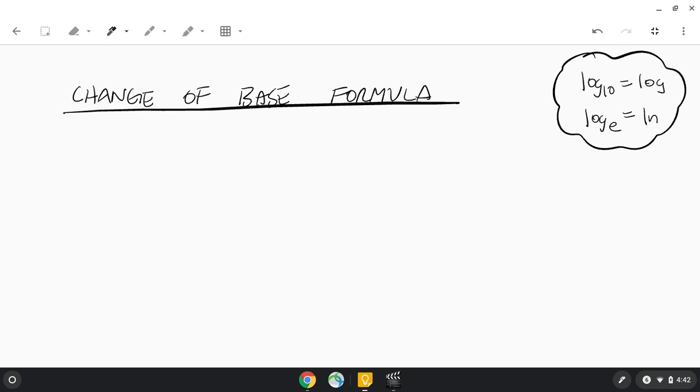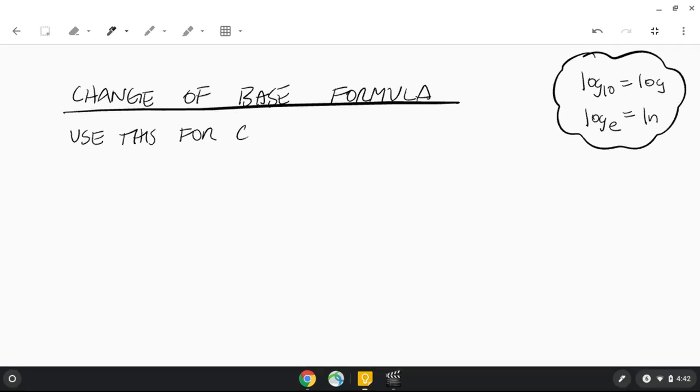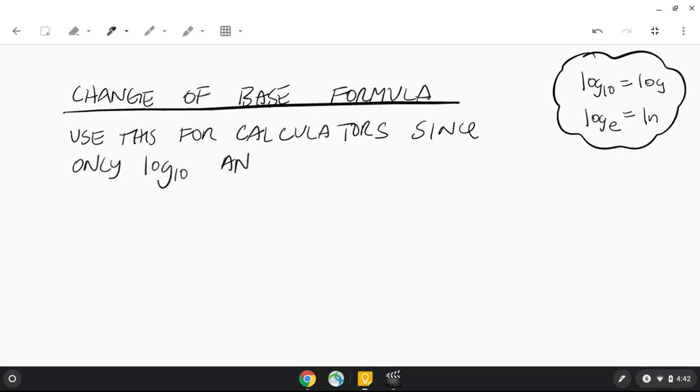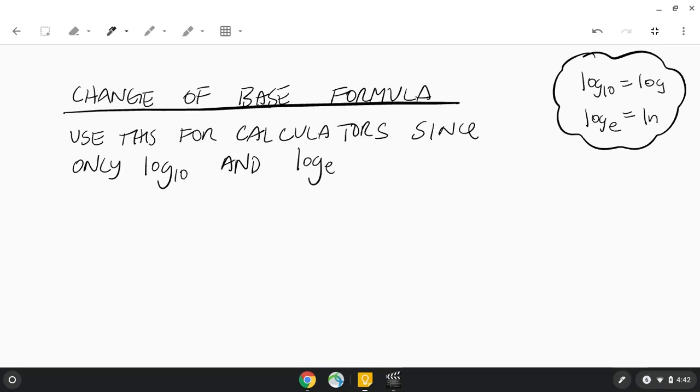So you only need 2 log buttons on your calculator, and you can calculate any log by changing the base. Okay? So we're going to use this for your calculator, since only log base 10 and log base e are on it.